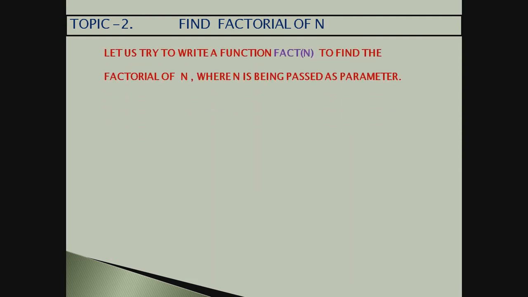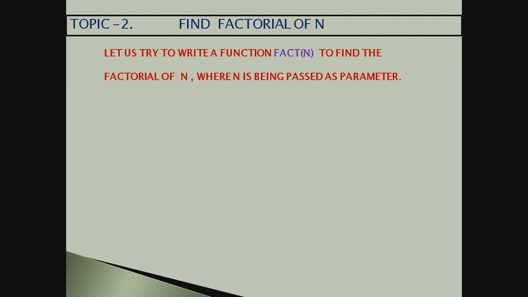So students, let us try to write a function fact_n. We will write this function in Python. And what does this function do? It finds the factorial of n. What is n? n is a number which is being passed to the function.